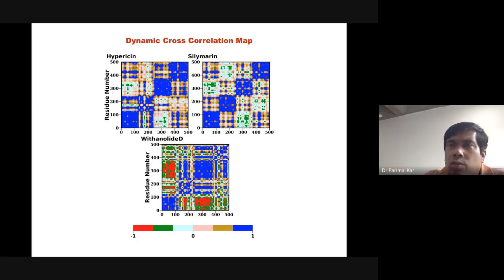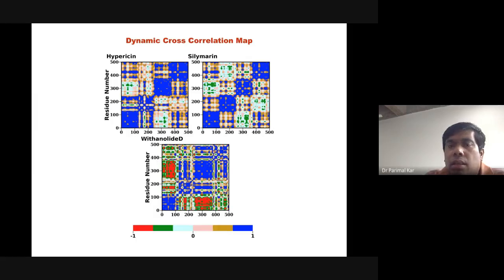Blue is +1, which corresponds to the correlated motions, and red is -1, which is the anti-correlated motions. You can see that for hypericin, there are a lot of correlated motions, but when ethanolyte D binds to the nucleic acid protein, you see a lot of red patches.